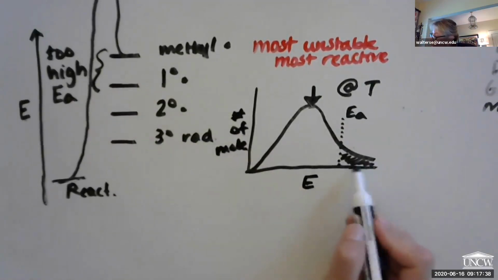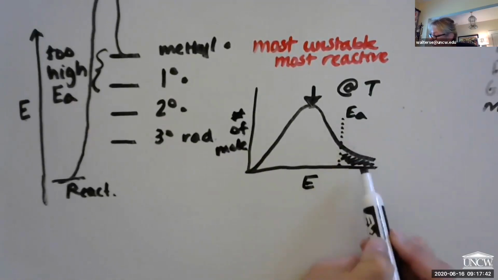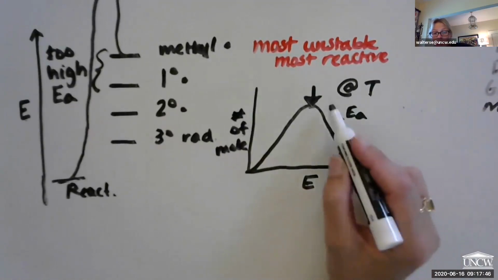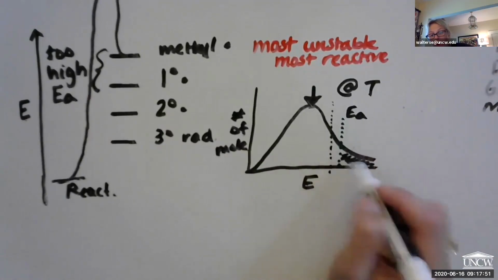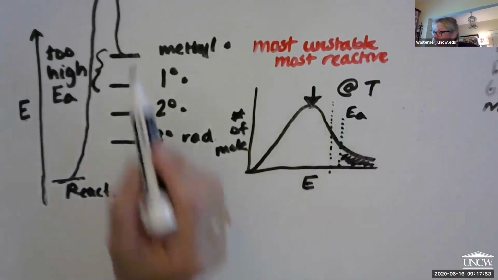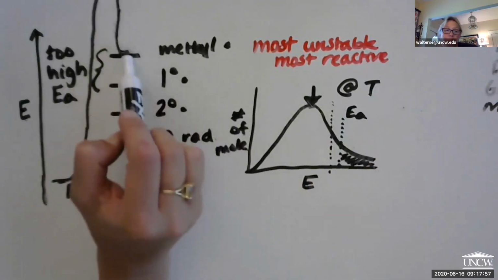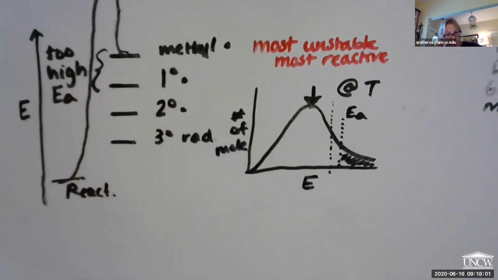So only the molecules that have energy greater than the activation energy would participate in the reaction. If you warm the temperature up, then you would shift the distribution and you'd end up with more molecules with more energy. So saying that this doesn't occur, it's just so improbable. And the same thing would be true of the methyl carbocation.